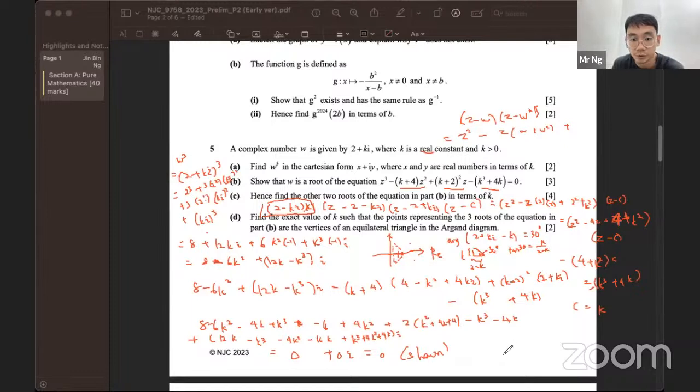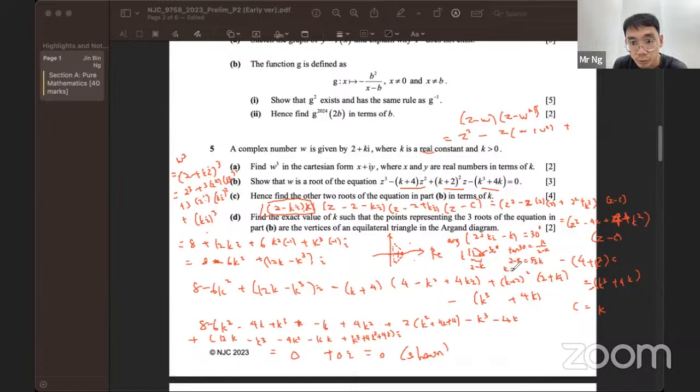So it becomes 1 over square root 3, then you cross multiply: 2 minus k equals to square root 3 k.